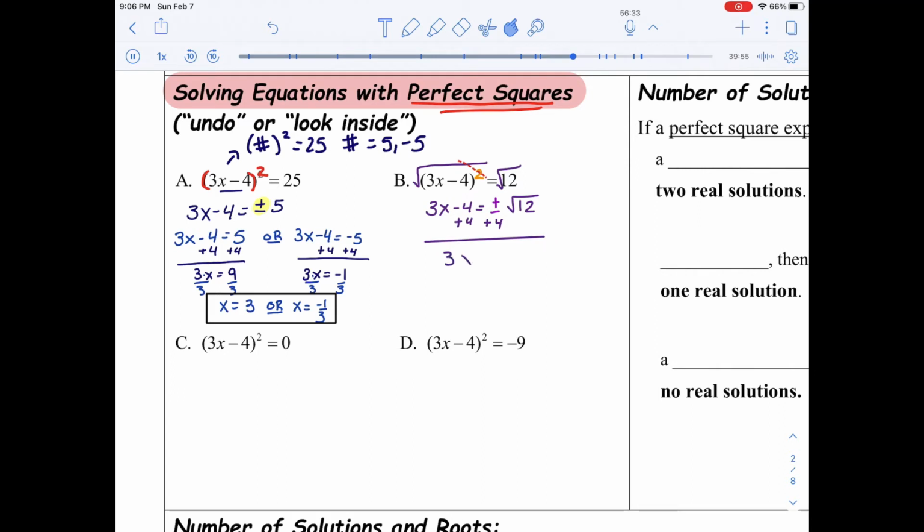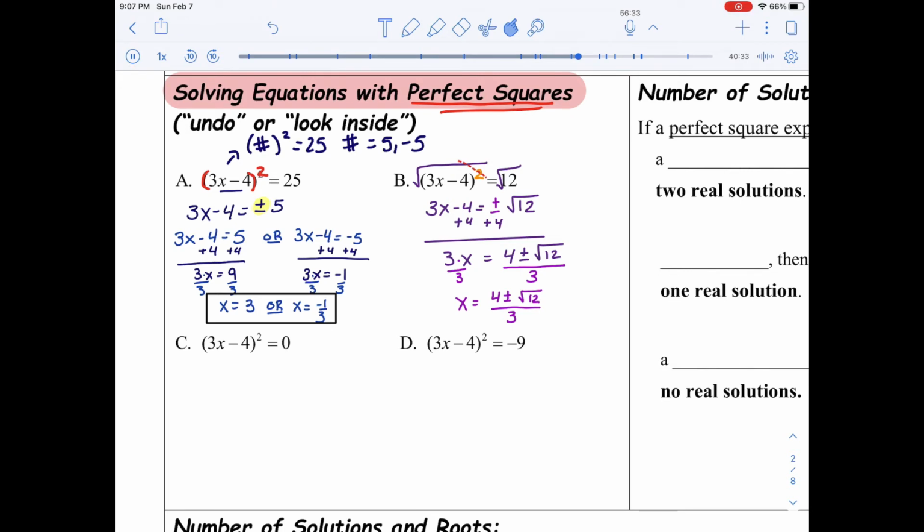So we get that 3x equals 4 plus or minus the square root of 12. Then I need to undo my 3 times x, so I'm going to divide both sides by 3. Remember to divide the 4 and the square root of 12 by 3. And we have that x equals 4 plus or minus the square root of 12, divided by 3.